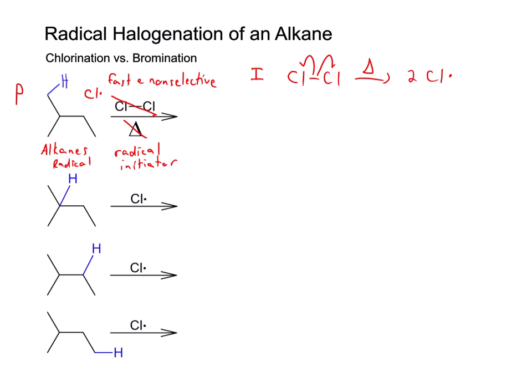So whenever we draw radical mechanisms, we always draw 3 half-headed arrows for propagation. So we're going to draw a half-headed arrow from the chlorine radical to some spot in space. The next half-headed arrow comes from the carbon-hydrogen bond. The bond, of course, has 2 electrons, and we only need 1 of them. So we're going to draw a half-headed arrow from this bond, and it's going to go and touch tips with the other radical.